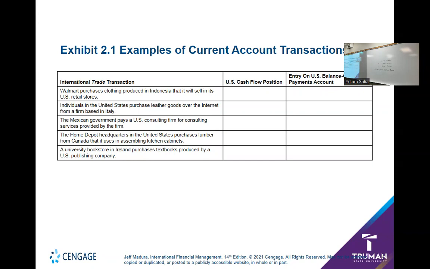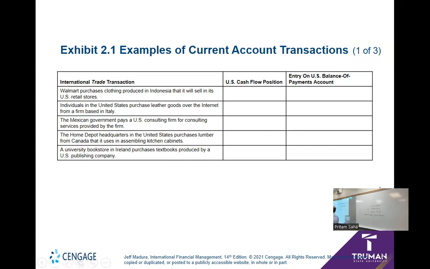The second one. Inflow, outflow. Outflow means debit, right? Third one. Inflow of goods or services.